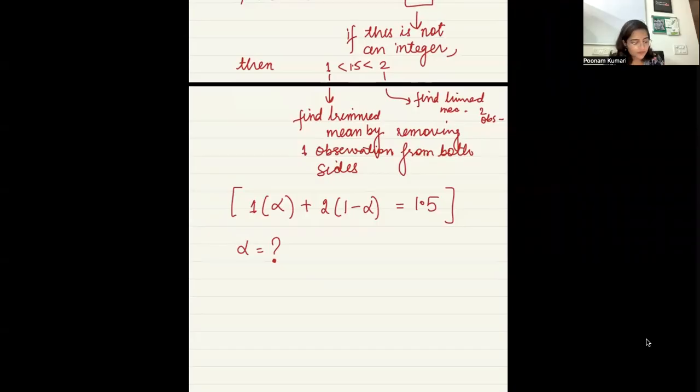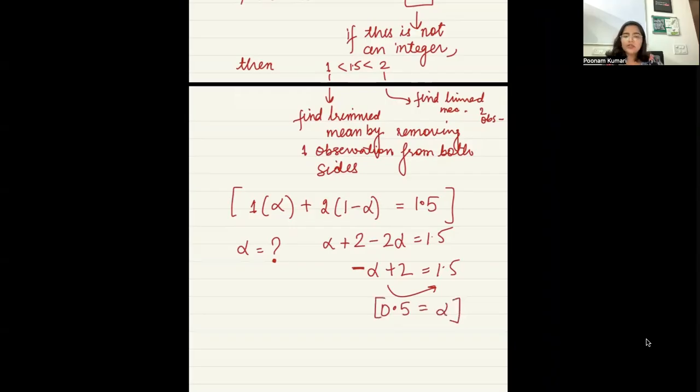So basically, alpha plus 2 minus 2 alpha equals 1.5, right? So minus alpha plus 2 equals 1.5. You take alpha this side, 1.5 this side, you get 0.5 equals alpha. So the alpha value is 0.5.